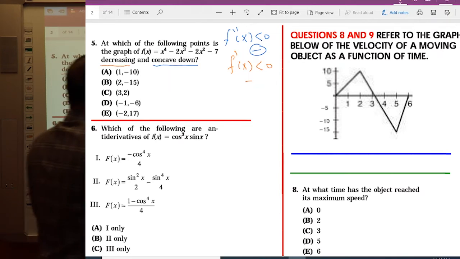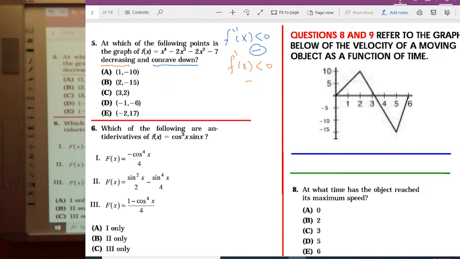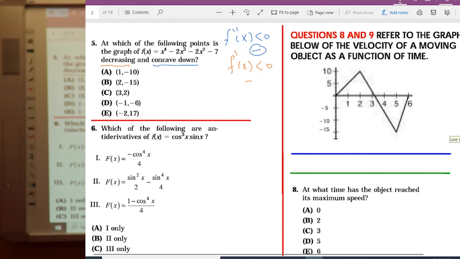I'm going to do the function x to the 4th minus 2x cubed minus 2x squared. I have my student here. x to the 4th minus x cubed.